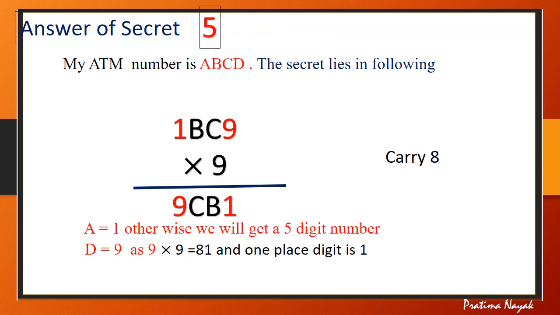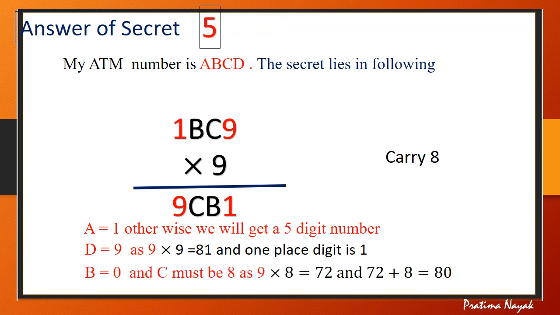Otherwise it will be a 5-digit number. So B must be 0 and C must be 8, so that 9 8s are 72 plus 8 is 80. So C is 8, B is 0.